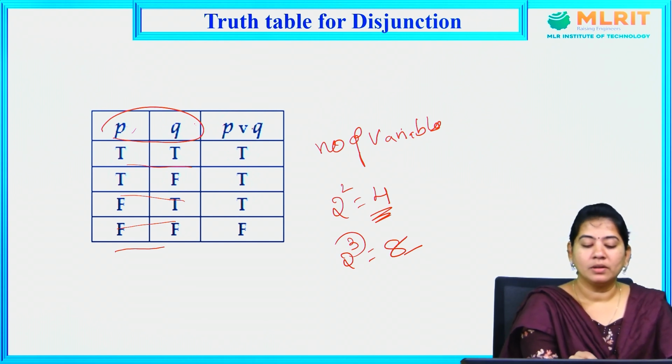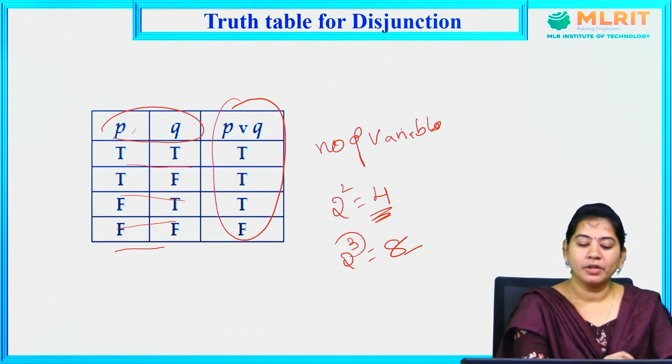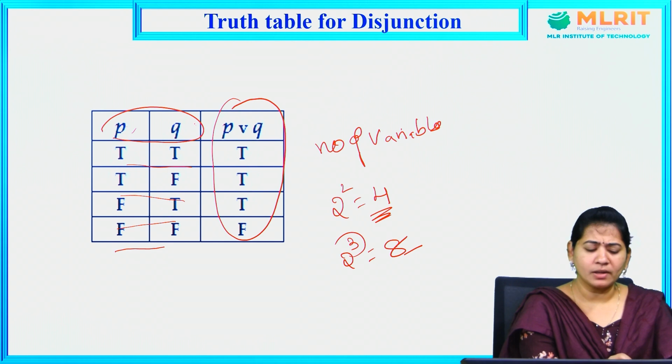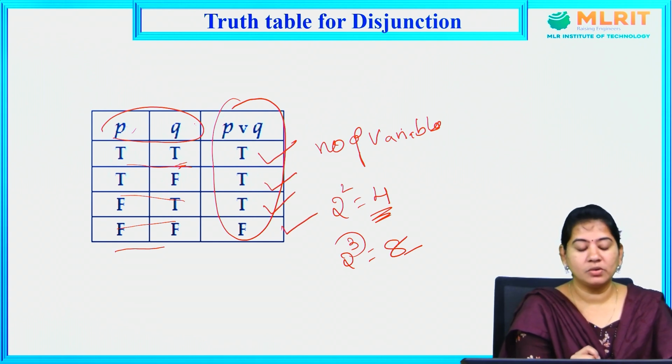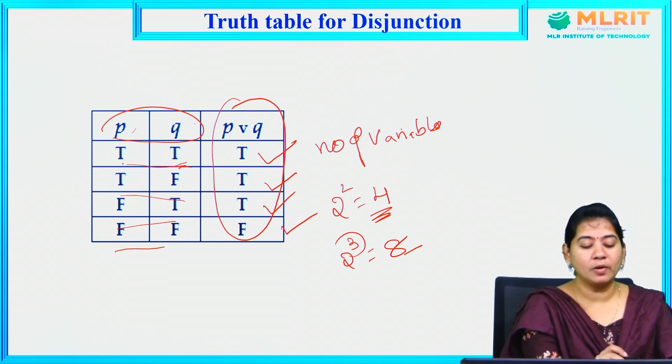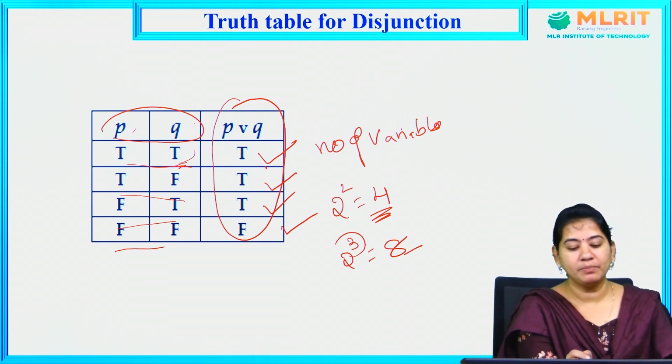Now how do we get the last column, the resultant value for the disjunction? If you observe, out of the two statements, even if one statement is true, then the resultant truth value becomes true. Otherwise, it is false. In the first row, both the statements are true, then the resultant truth value becomes true.